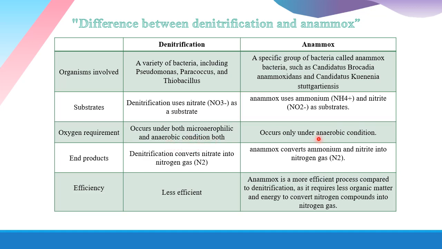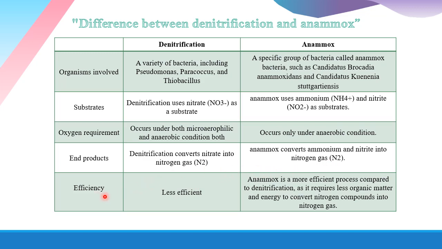But Anammox is wholly an anaerobic process. End product: denitrification converts nitrate into nitrogen gas, whereas Anammox converts ammonium and nitrite into nitrogen gas. In both cases, the end product is the same, nitrogen gas.